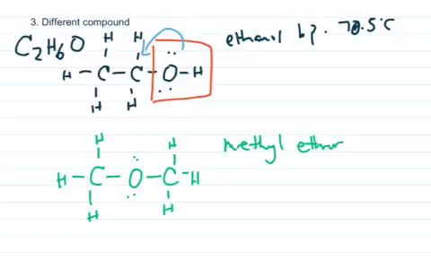And because it only has a dipole-dipole moment, it's going to have a lower boiling point. So remember in chapter 12 we talked about intermolecular forces and how they affect boiling point? Here the boiling point is -24 Celsius. So it's a lot lower than it is for ethanol, because ethanol has hydrogen bonding, while methyl ether only has dipole-dipole.